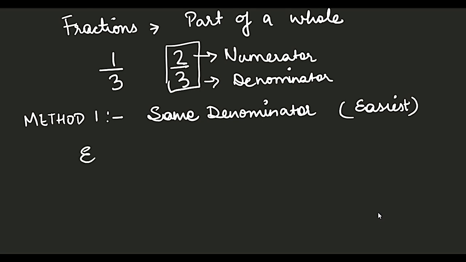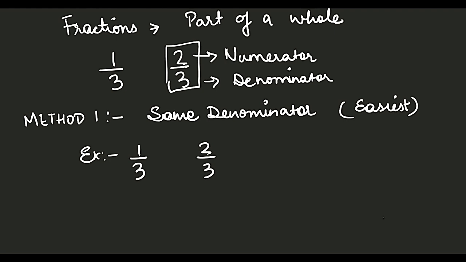In this example, my first fraction is 1 divided by 3 and the second is 2 divided by 3. As the method says, if the number in the denominator is the same, and yes, here both have the same denominator, 3, it is as simple as comparing two whole numbers.